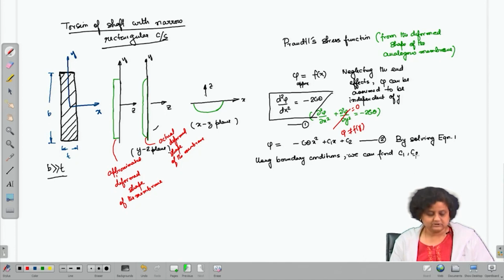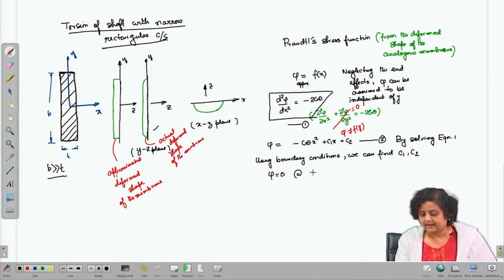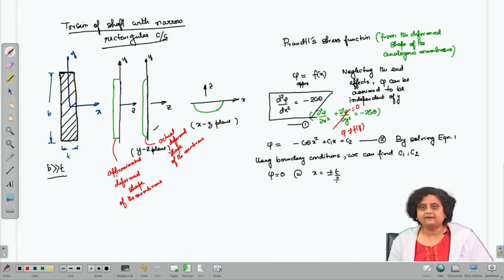The boundary conditions are that the Prandtl stress function phi is equal to 0 at x equal to plus or minus t by 2. Since the analogous membrane is fixed on the boundary, phi is equal to 0 also on the boundary, which is given by x equals plus or minus t by 2.